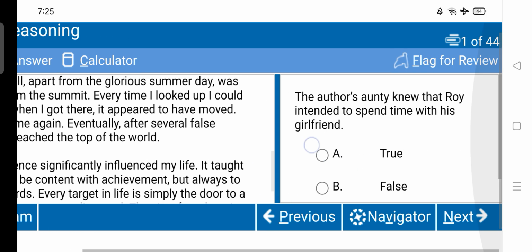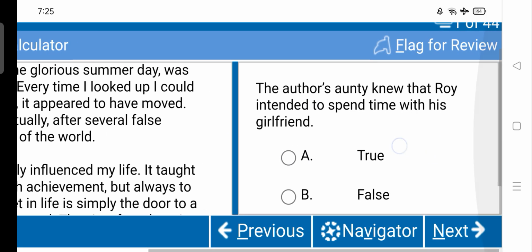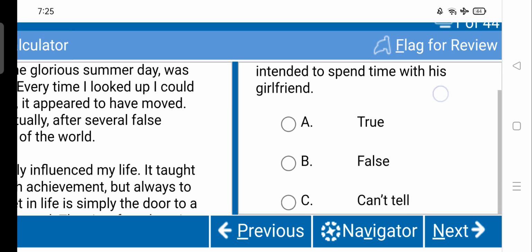Now here we have a statement, or you can say information, given that the author's auntie knew that Roy intended to spend time with his girlfriend. Option A, true. Option B, false. Option C, can't tell.